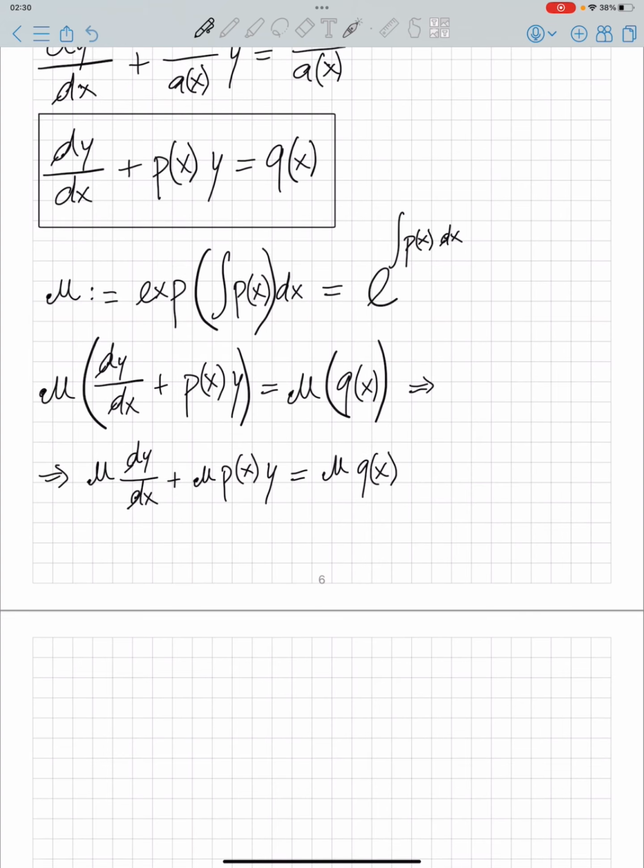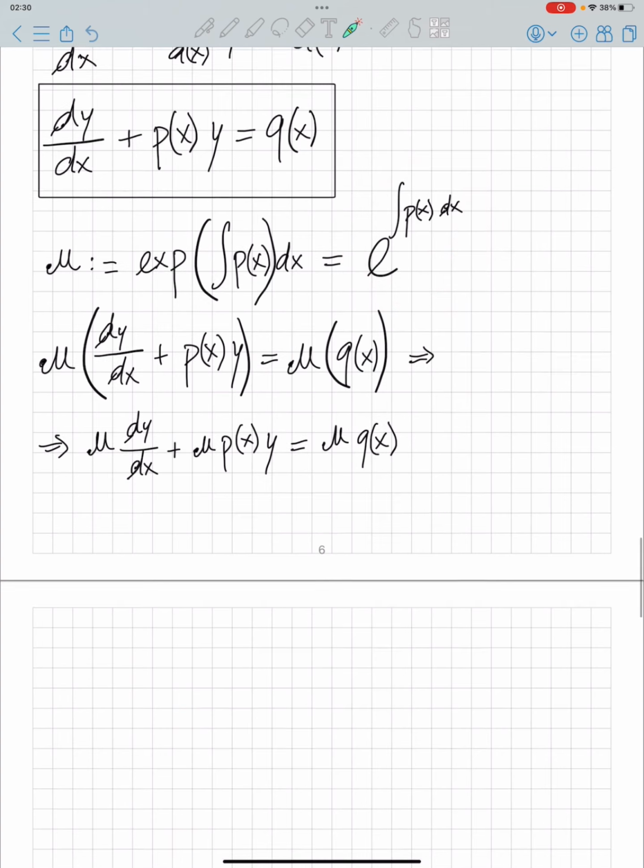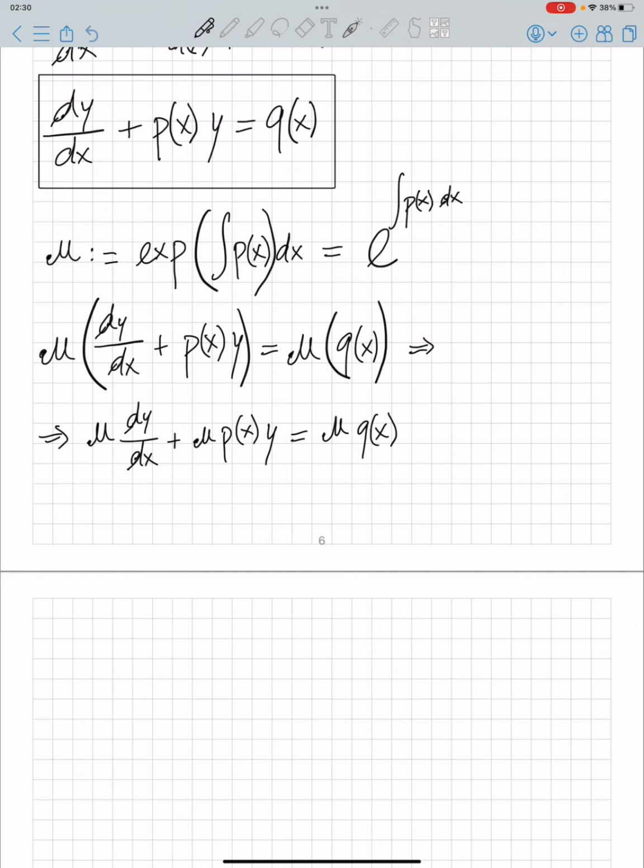From here we have that mu has this value, e to the power integral of p of x dx. So let's write it down here. So mu is equal to exponential of integral of p of x dx.